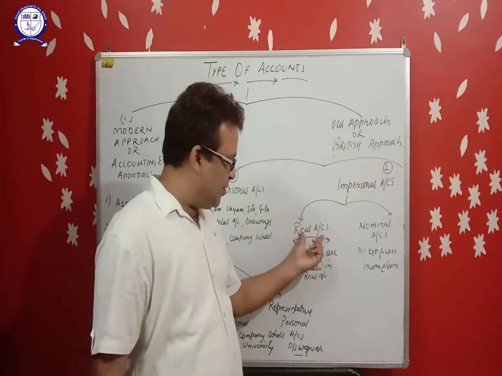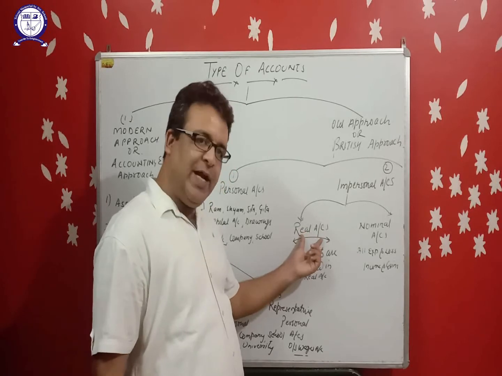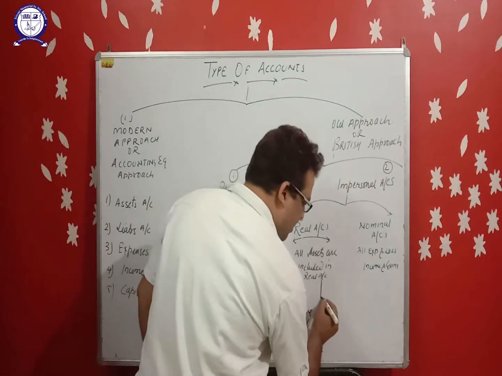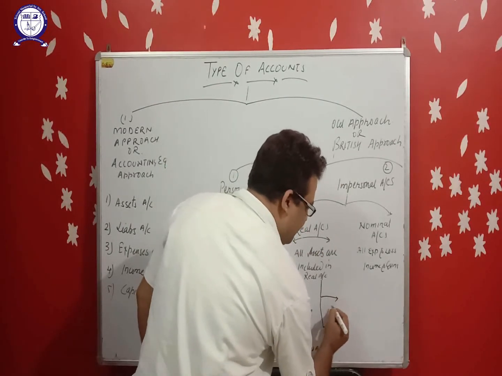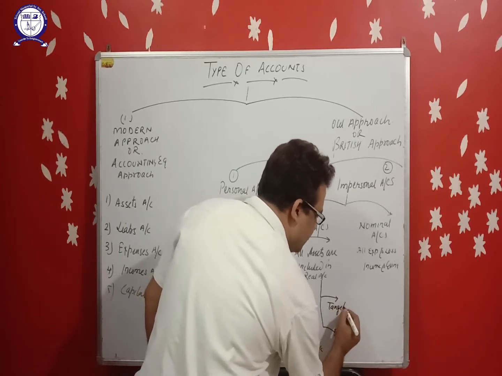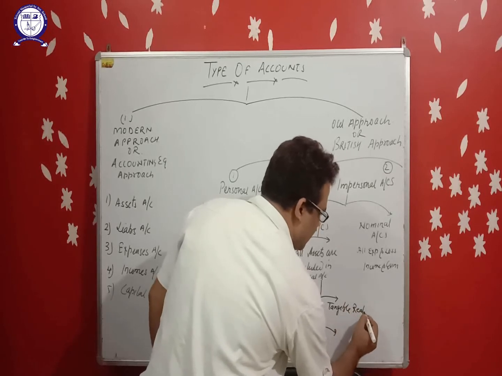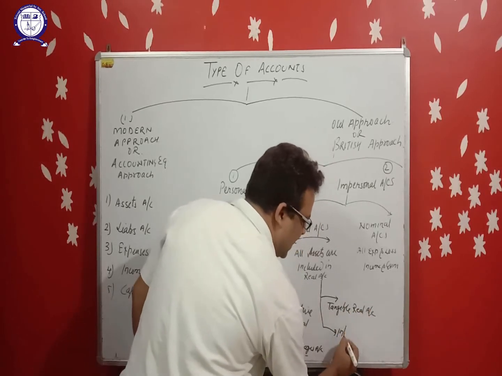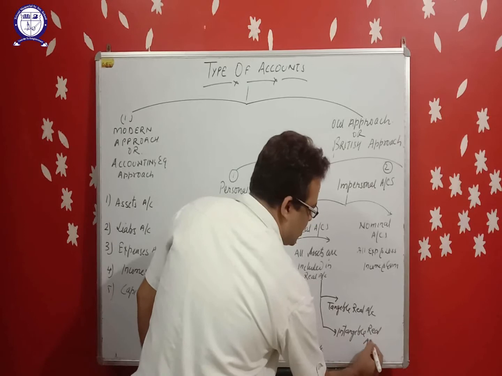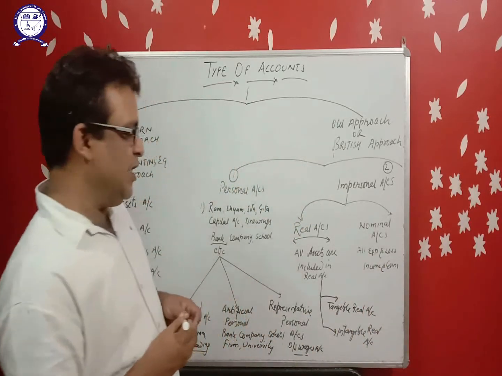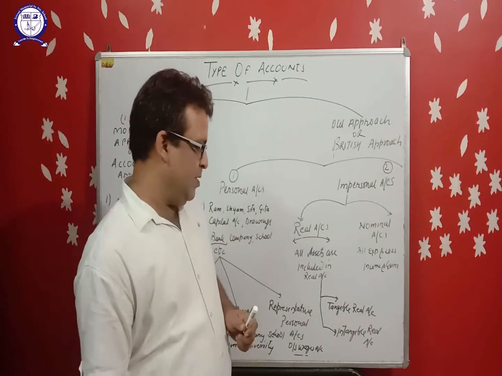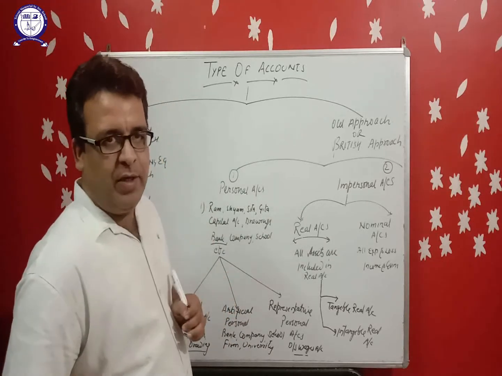Now real account. All the assets are counted here in real accounts. There are two types of real accounts. Number one, tangible real accounts. Number two, intangible real accounts. Tangible real accounts include tangible assets accounts.